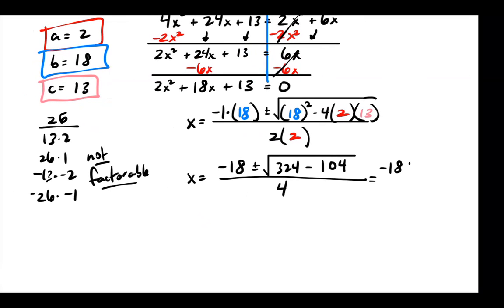So negative 18 plus or minus the square root of 220. 324 minus 108, or sorry, 104 is 220.